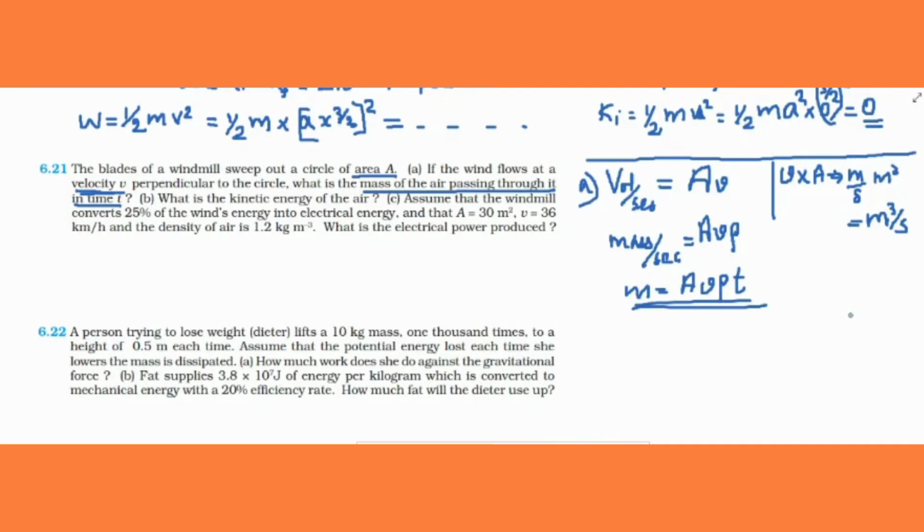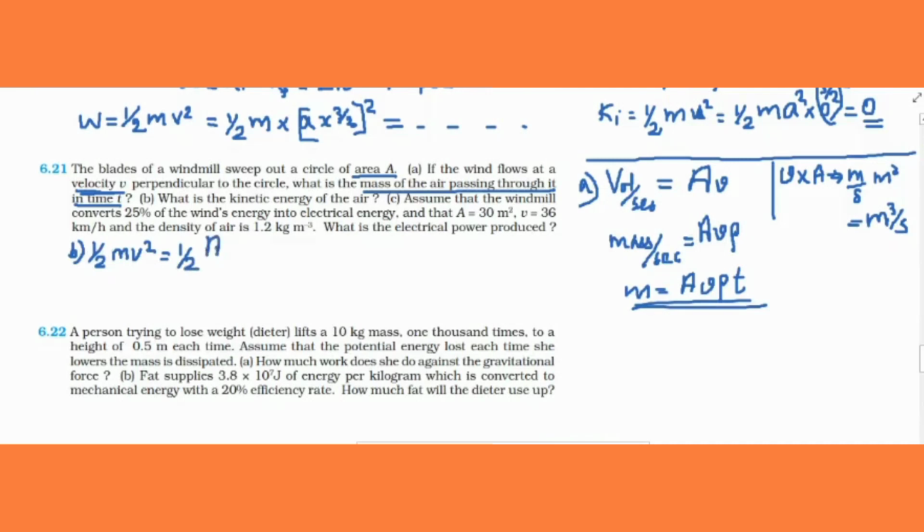Now, next case B. What is the kinetic energy of the air? So, how can you find kinetic energy of the air? B: kinetic energy is equal to half m v square, is equal to half into m. We have calculated already.